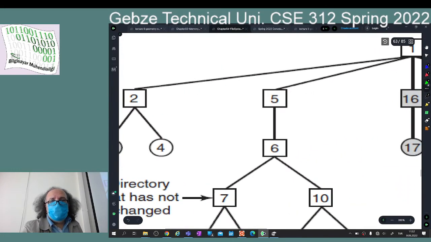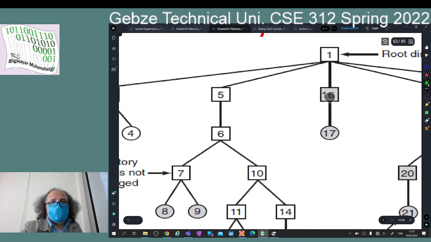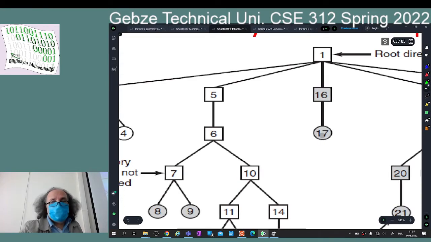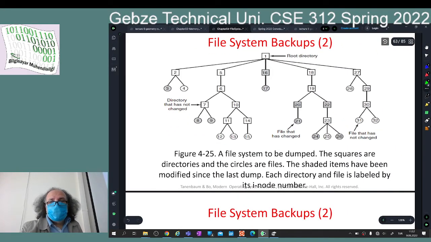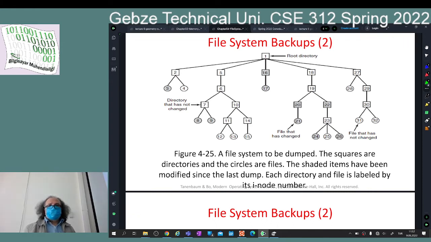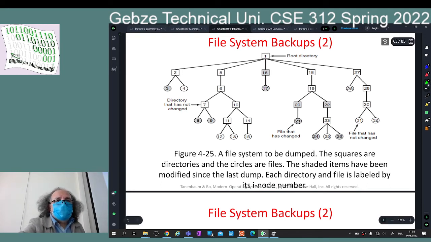Unmodified directory, modified file, it looks like that. So this file is modified, this directory is modified. The physical dump will take a backup of all the blocks here, all the files and directories, doesn't matter if it is modified or not.